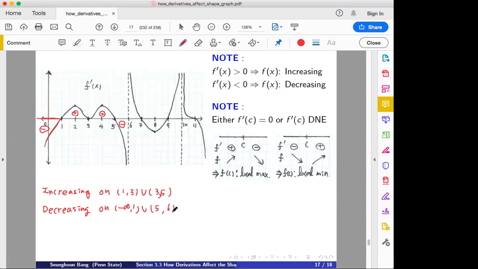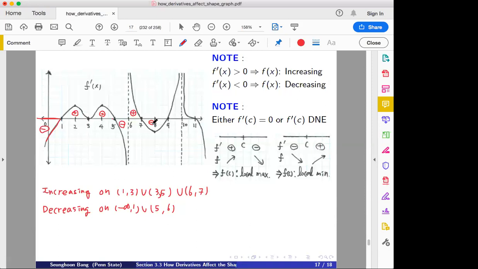5 to 6. What about 6 to 7? Yeah, this is above the x-axis, increasing. What about 7 to 9?